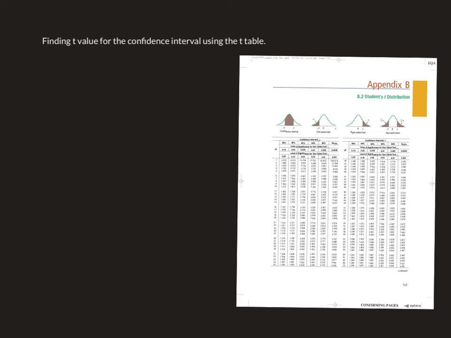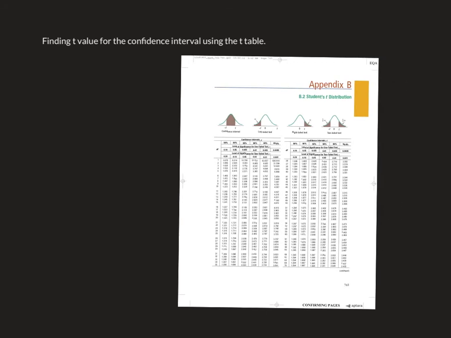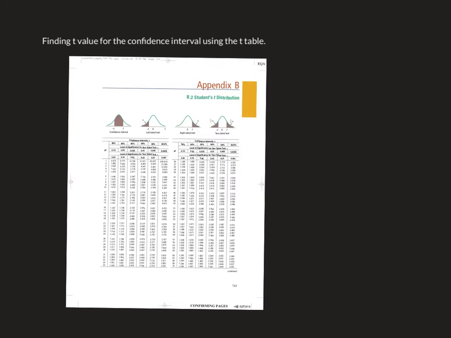Okay, finding the t-value for a confidence interval using the t-table. Now you'll be pleasantly surprised, as this is actually a lot easier and faster to do than the z-table and the z-values. Okay, so let's have a look at our t distribution here. And let's say we're looking for a confidence level of, say, 95%.